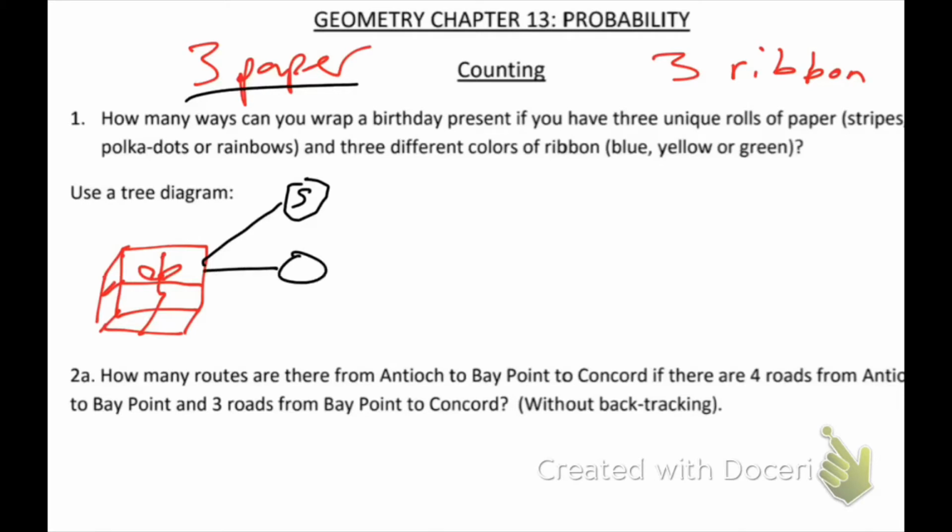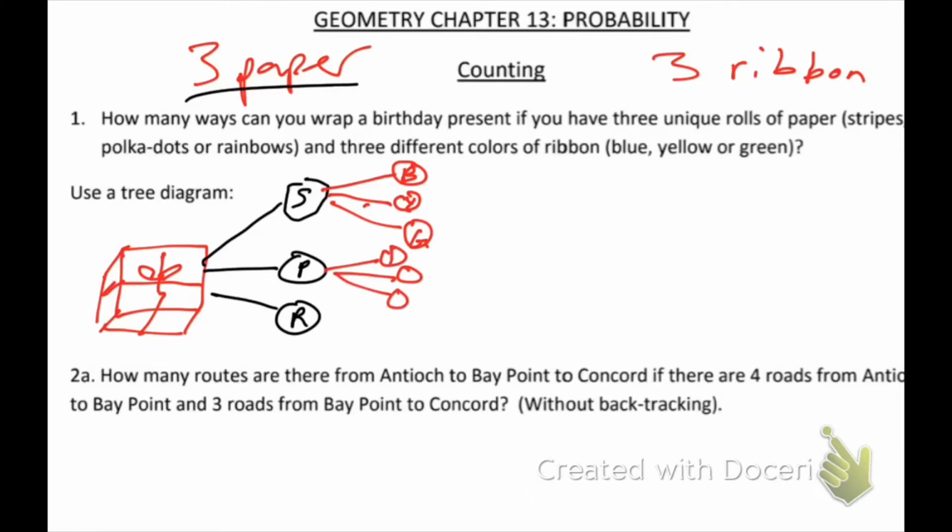Our second branch is P for polka dot, and then we have R for rainbow. So 3 different options for wrapping paper, and then once I put the wrapping paper on it, I can use 3 different types of ribbon, blue, yellow, and green.